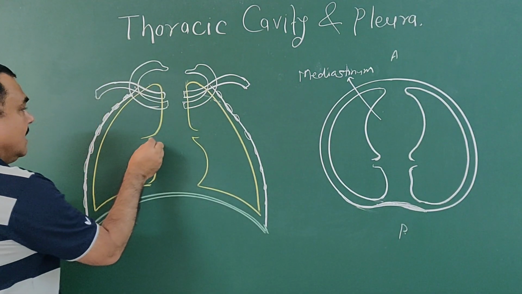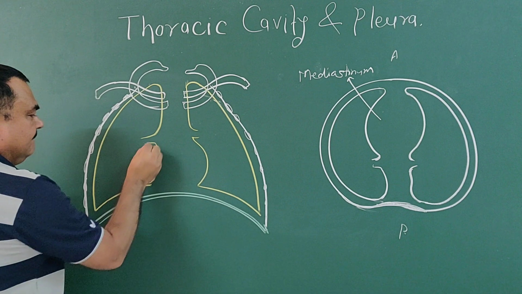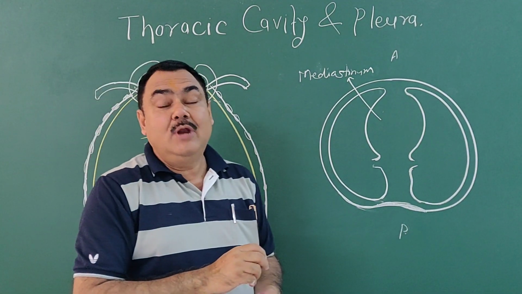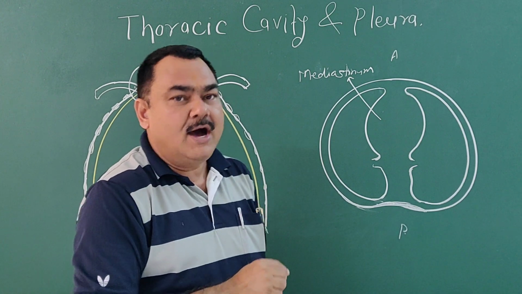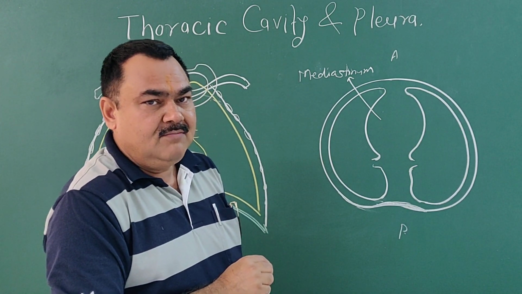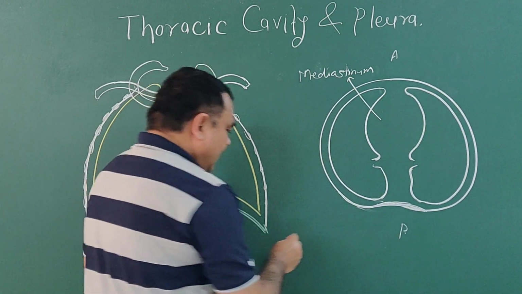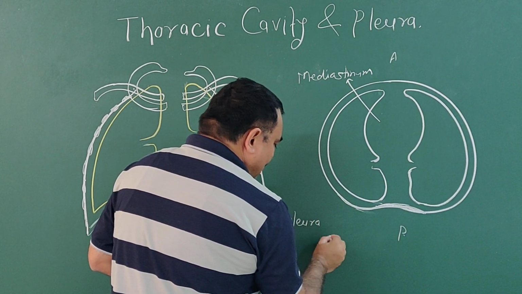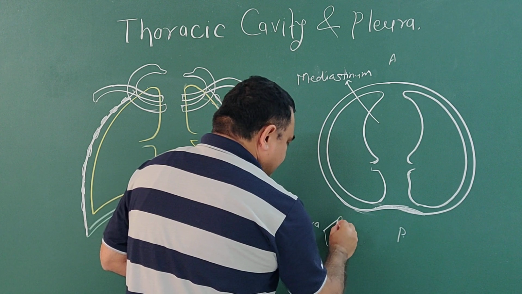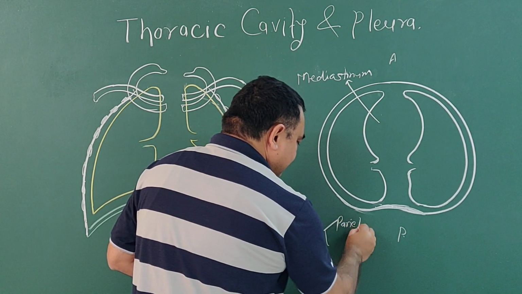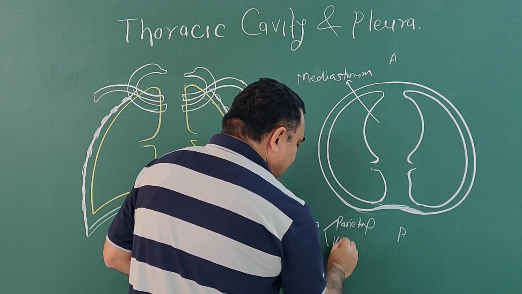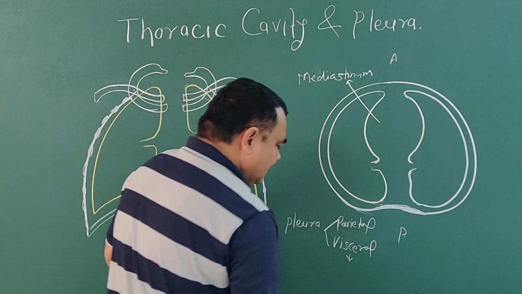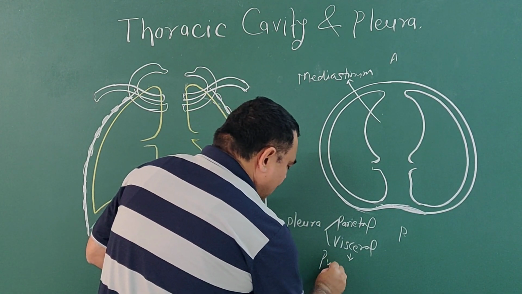The lungs are covered by two layers of the pleura, parietal and visceral layer. The visceral layer is also known as the pulmonary pleura.